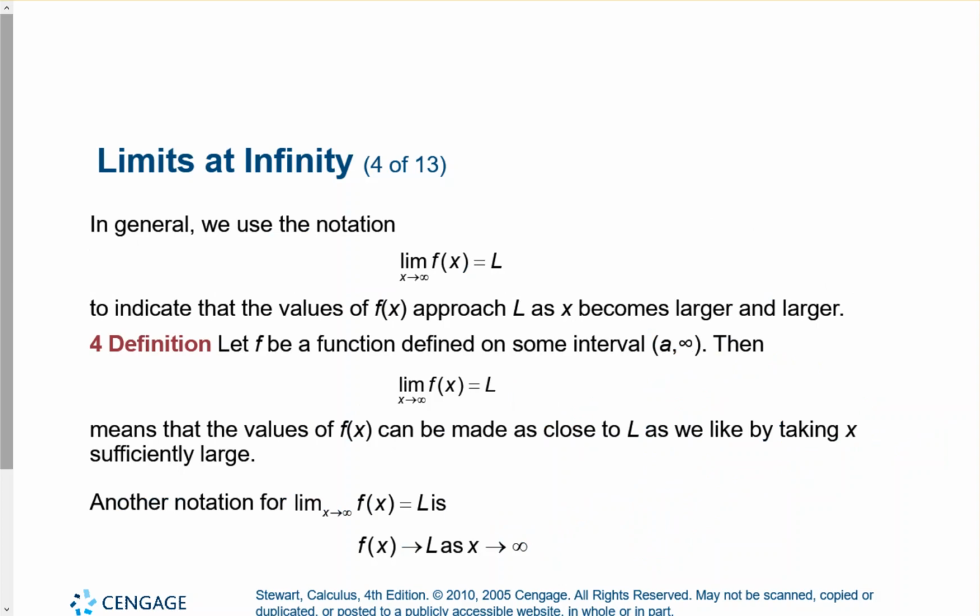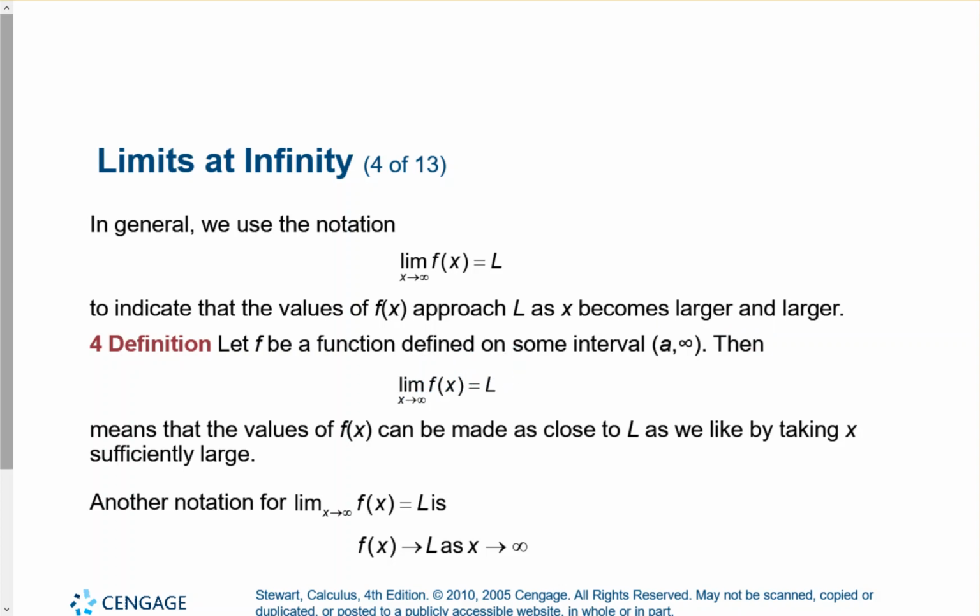In general we use the notation: the limit as x approaches infinity of f of x equals some limit. Let f be a function defined on some interval a to infinity. Then the limit as x approaches infinity of f of x is equal to a limit.